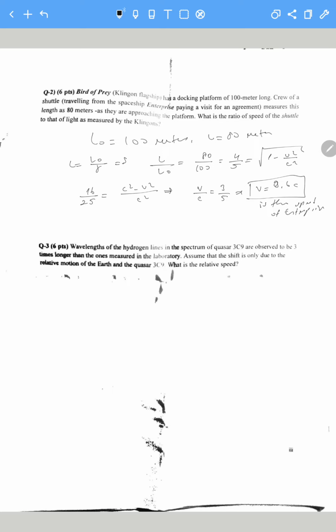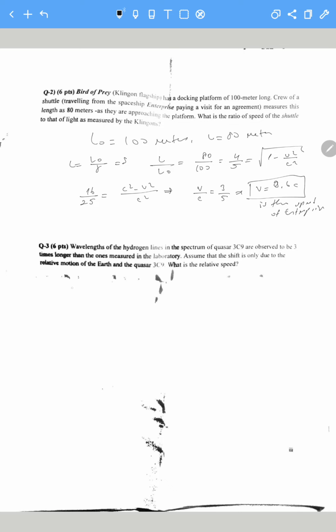Excuse me. Now in this question we are measuring the wavelengths of the hydrogen lines of the spectrum of a quasar observed in our laboratory.